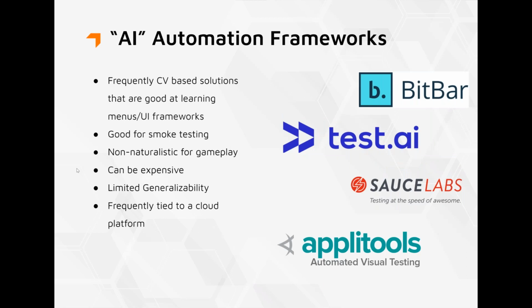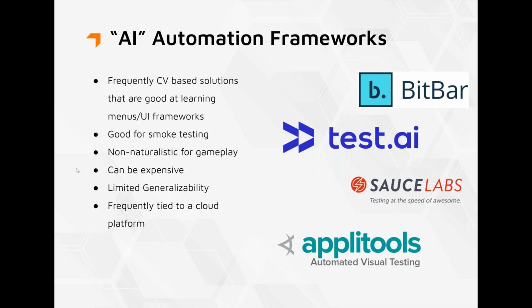Now, those limitations of UI automation frameworks have given rise to a whole new swarm of AI automation frameworks. And I put AI in quotes for a lot of reasons. Usually they're actually less sexy than some all-knowing artificial intelligence that can pass a Turing test.